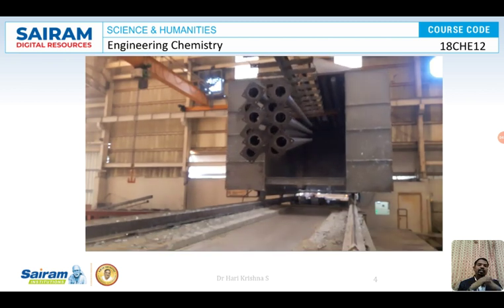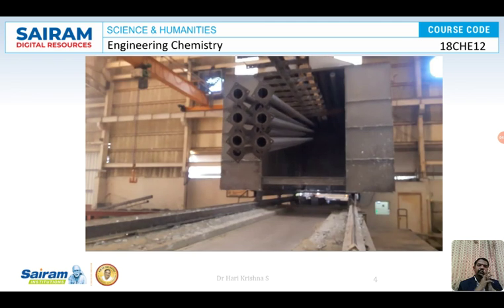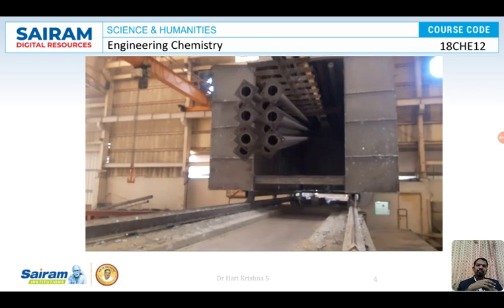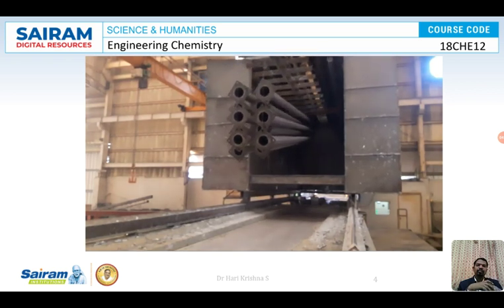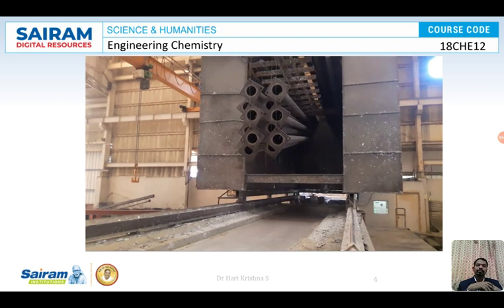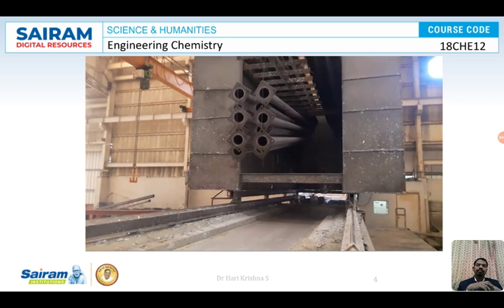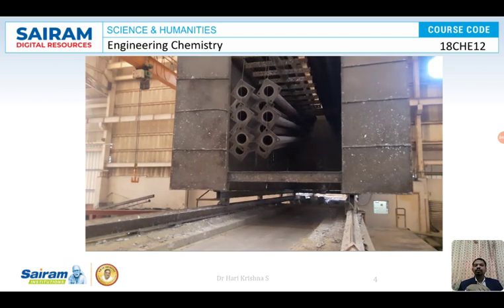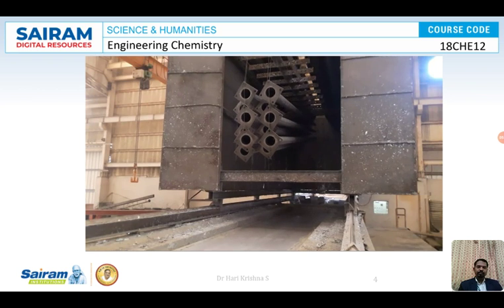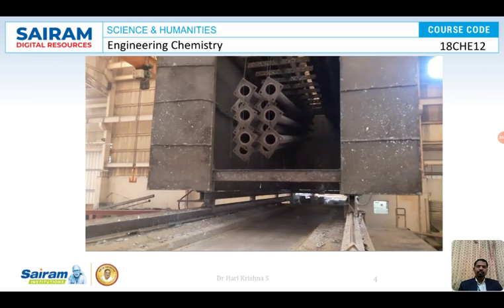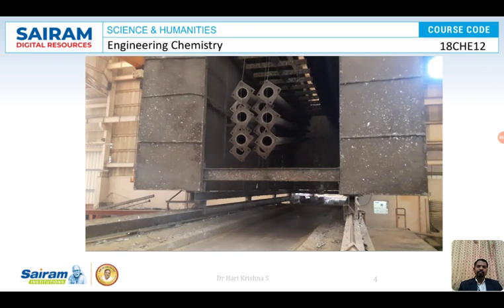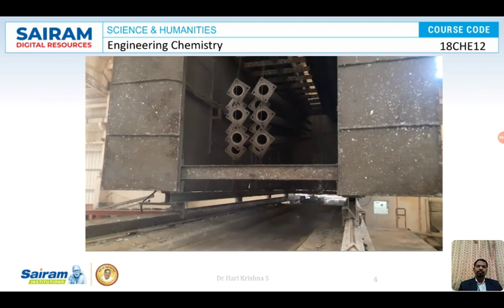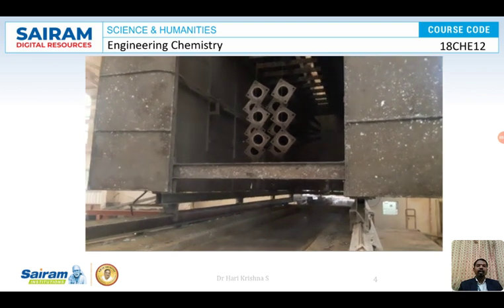This is molten zinc. I think you can see the molten zinc, right? It is completely automated.